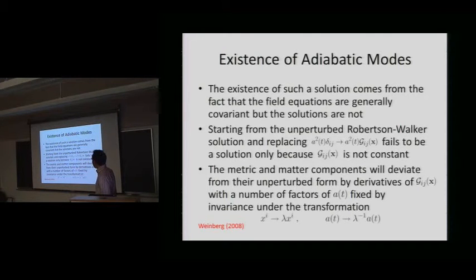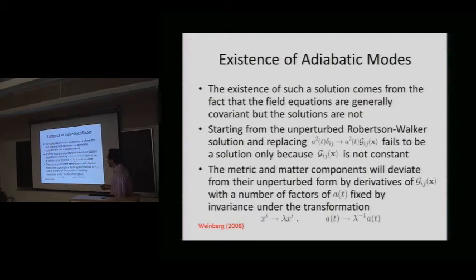So starting from the unperturbed Robertson-Walker solution and making a replacement of this Kronecker delta with this, again, constant matrix which varies in space, this thing is not a solution only because this is not a constant matrix. So therefore, the metric and matter equations will deviate from your unperturbed form only by derivatives of this Gij.